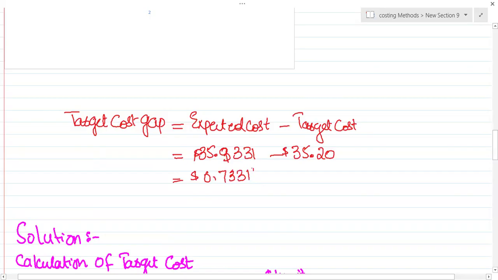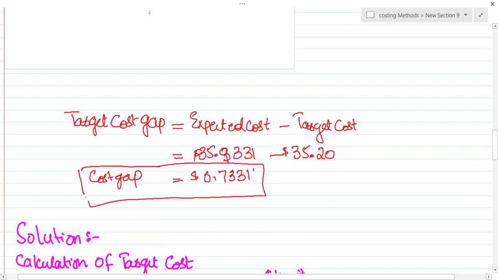This is your cost gap, target cost gap. So this is a very good question of target costing, which covers all the concepts, how we will deal with the loss, how we will deal with the overheads using high-low method.